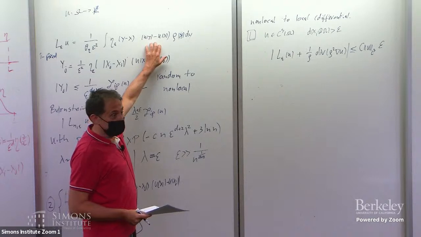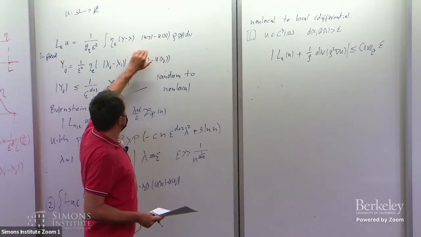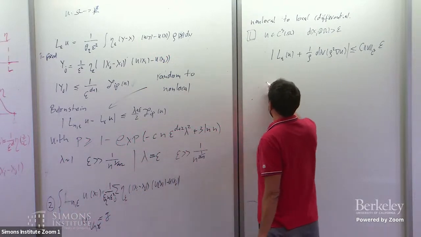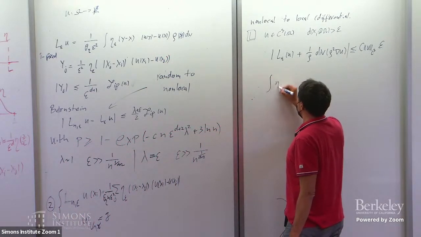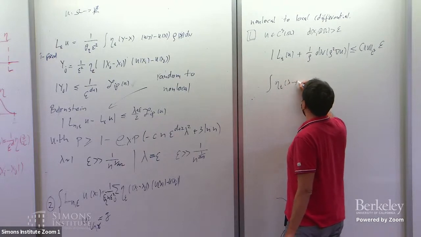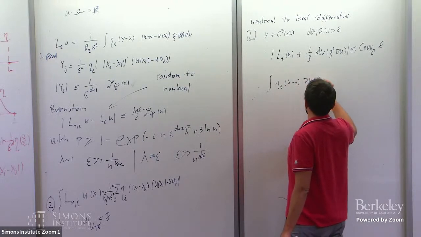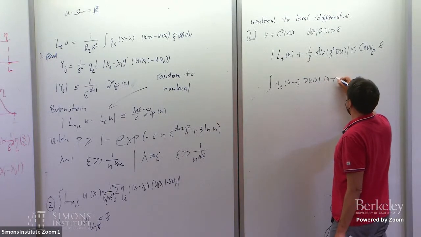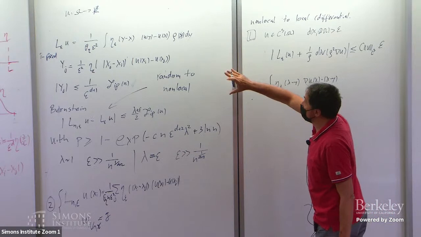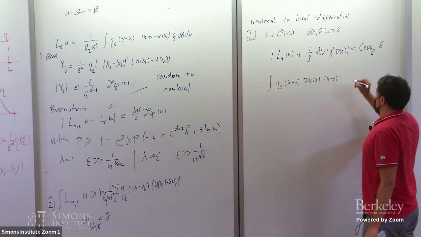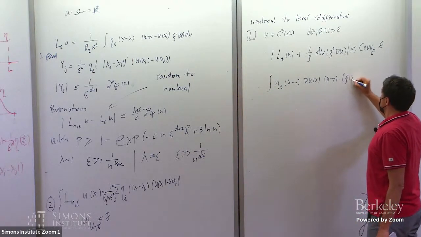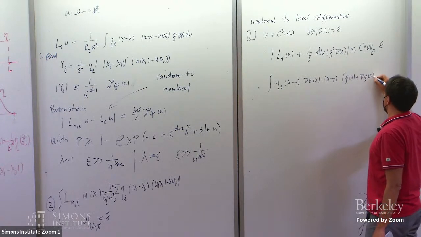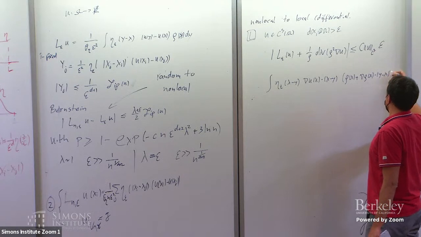And I just want to note that there is going to be a cancellation in the first term. So maybe just to observe that, when I integrate eta epsilon of x minus y times gradient U of x, and now this is dotted with x minus y, you'll have also expansion in this term, so rho of x plus gradient rho at x dotted with y minus x plus higher order terms.